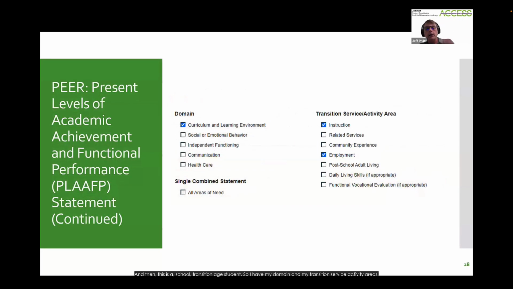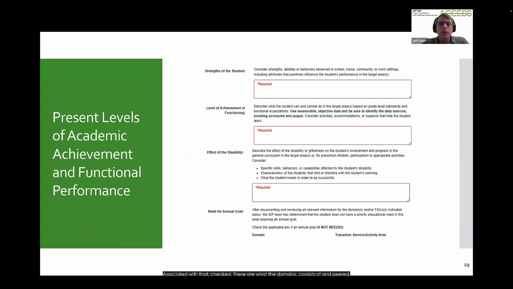And then this is a transition age student. So I have my domain and my transition service activity areas associated with that checked. These are what the domains consist of in PEER. You have your strengths, your levels of achievement and functioning, the effects and the needs.